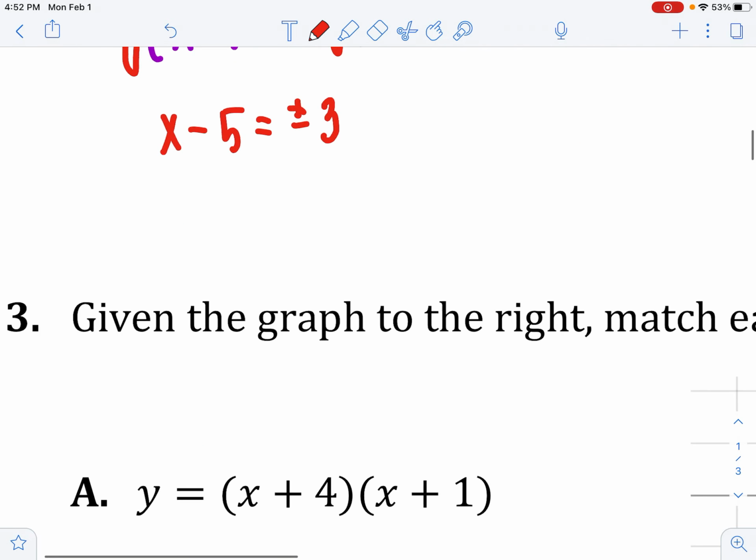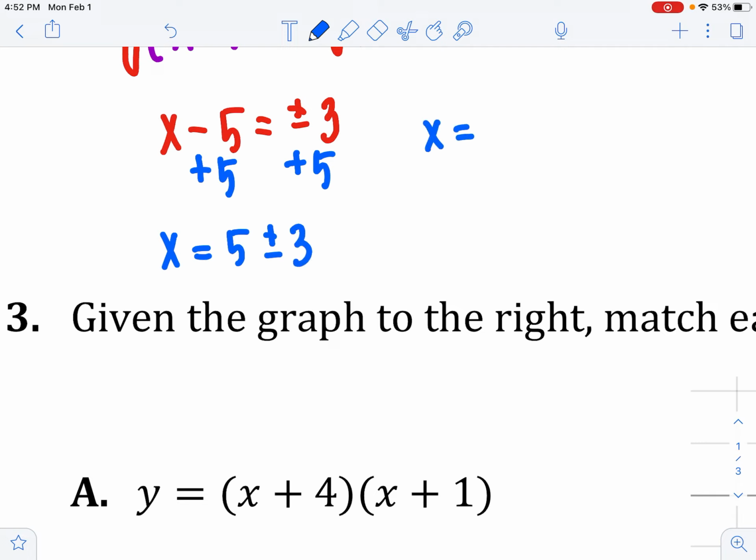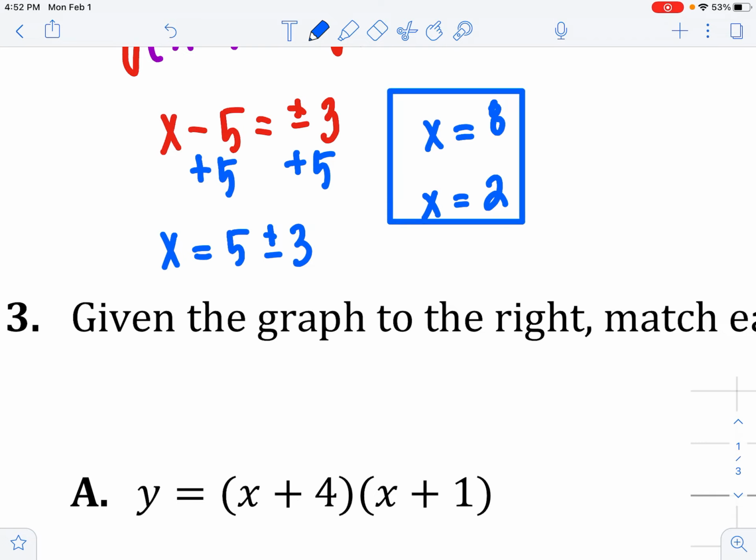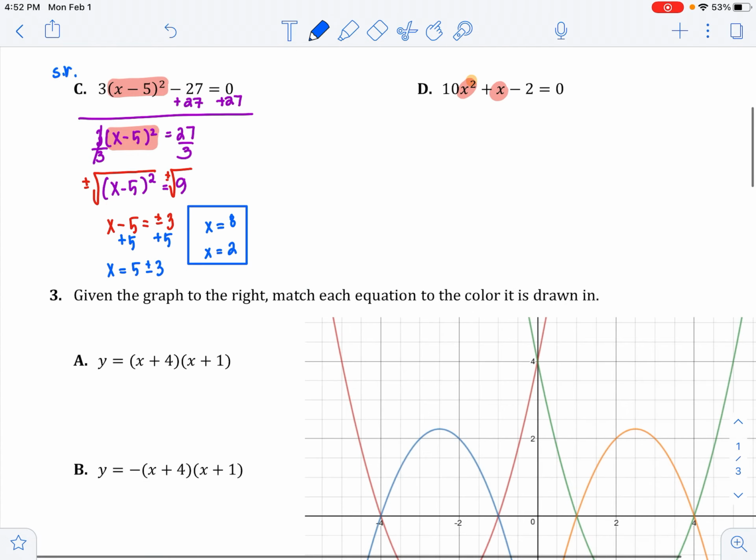The square root of 9 is 3. Next I have to add 5 to both sides to get x by itself, and I have x equals 5 plus or minus 3. So now I'm going to get my two answers: 5 plus 3, which is 8, and 5 minus 3, which is 2. So I have two answers, 8 and 2.